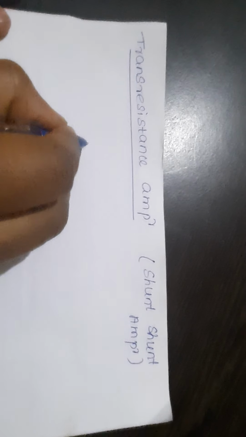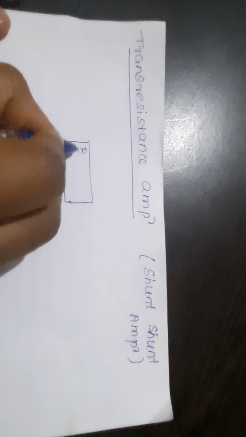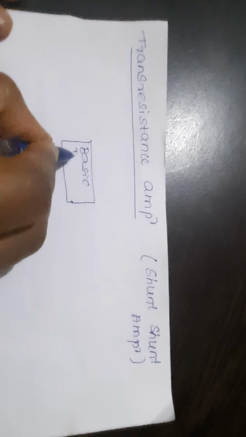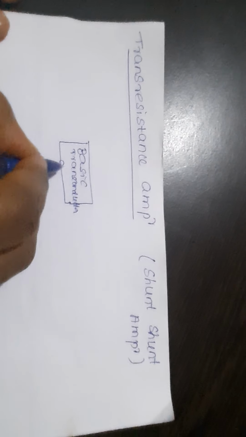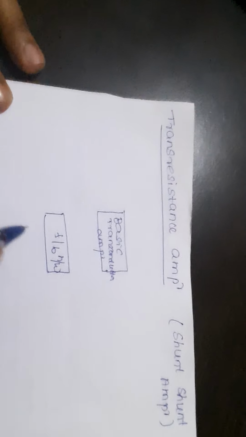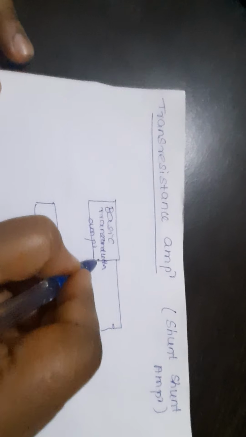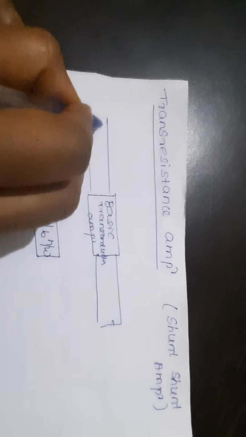Now we'll draw the block diagram of the transresistance amplifier. It consists of a transconductance amplifier and a feedback network. Now just see, we will be having a shunt connection.